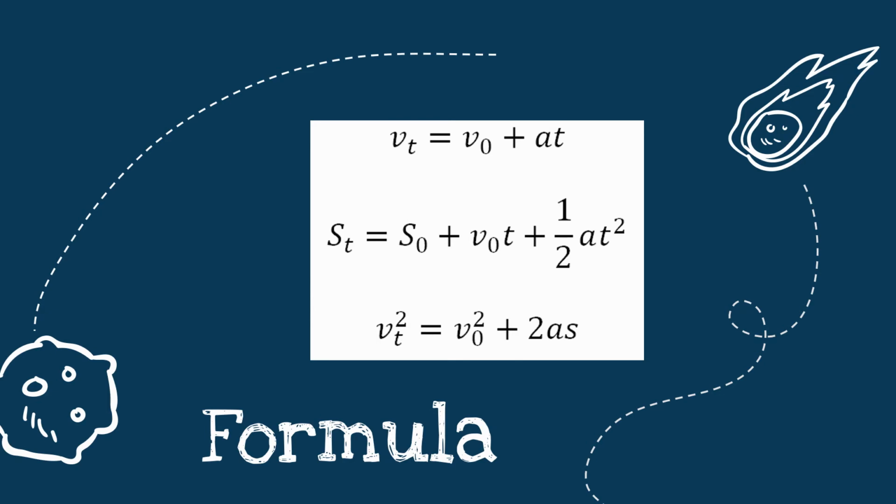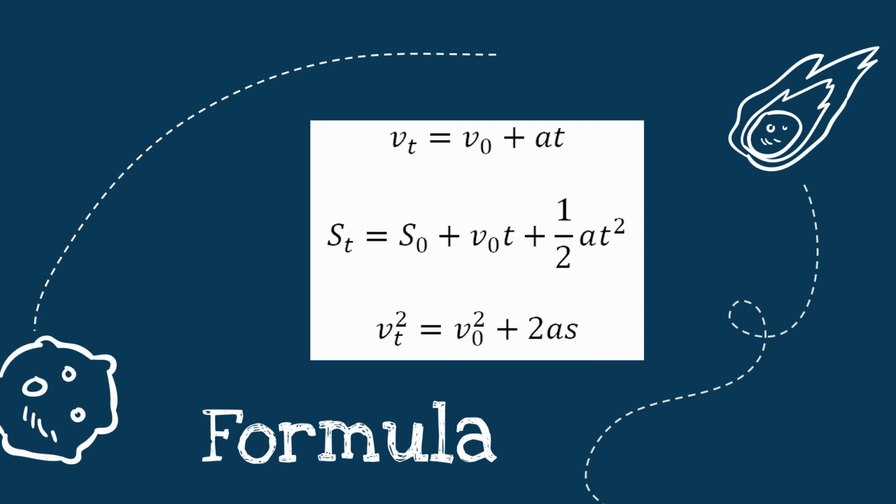And the second formula is terminal distance equals initial distance plus initial velocity times t plus half of a times t squared. Jadi jarak akhir sama dengan jarak awal ditambah kecepatan awal kali waktu tambah setengah kali percepatan kali waktu kuadrat.